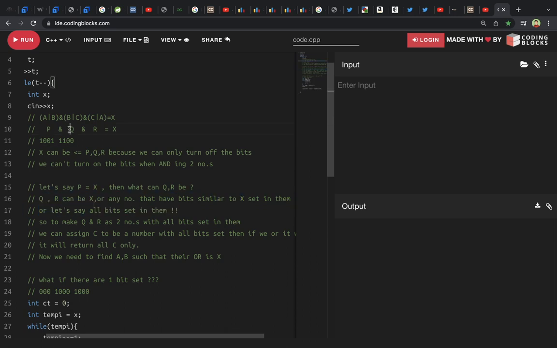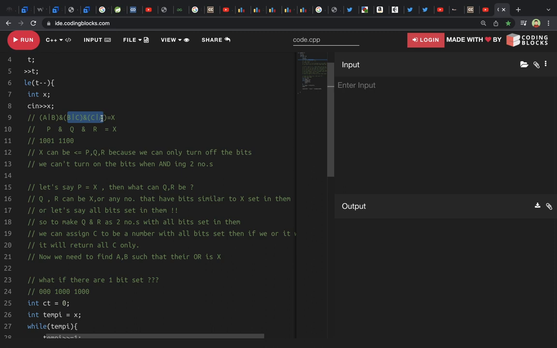So basically make q and r numbers that have all bits set in them, right? So how can we make q and r be 111, all ones? Because we can't set the value of q and r directly, we can only set the values of a, b, and c. If we look at this, we can control this by c.